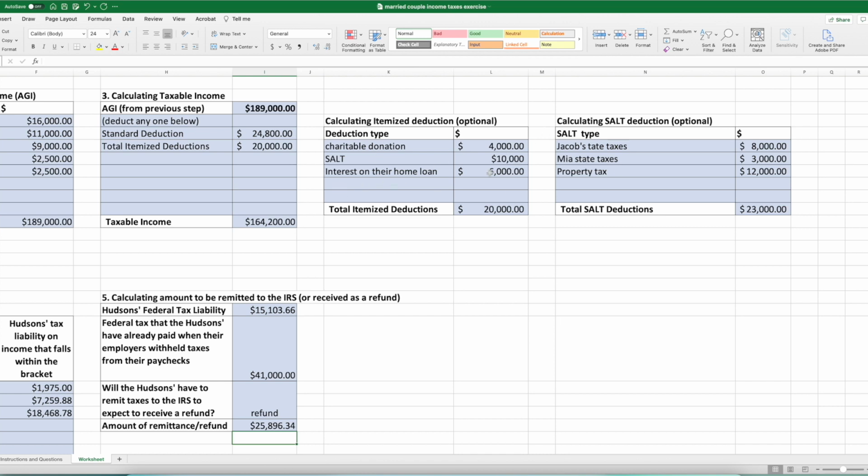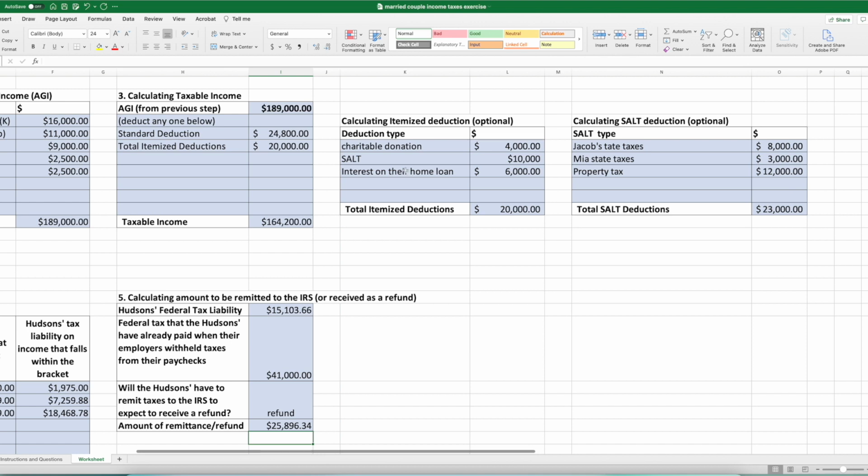They wouldn't have home loan interest either, which would even further reduce their itemized deductions, which still won't change the fact that they are better off taking the standard deduction because it is the bigger amount, right? So not having interest on their home loan and not paying property taxes reduces their itemized deductions and still leaves the standard deduction as their best option.